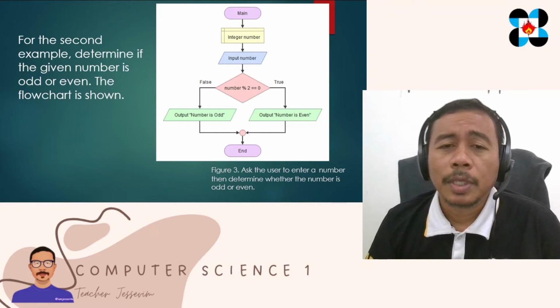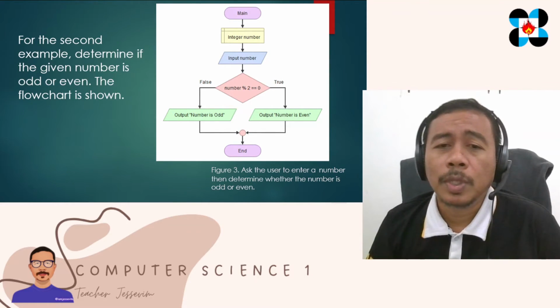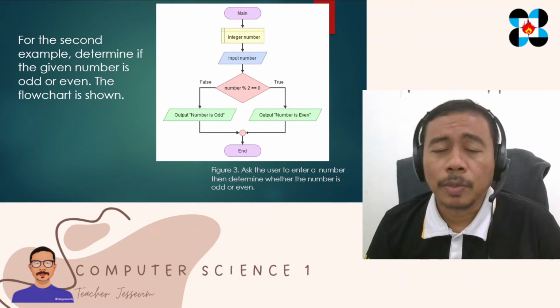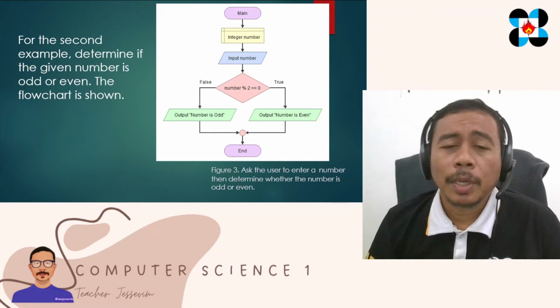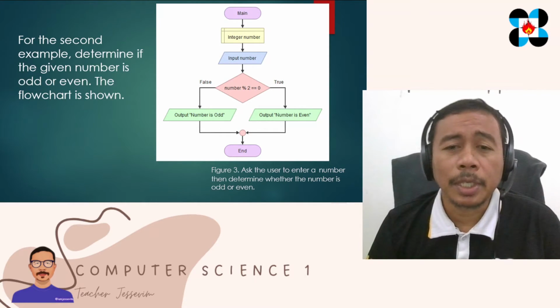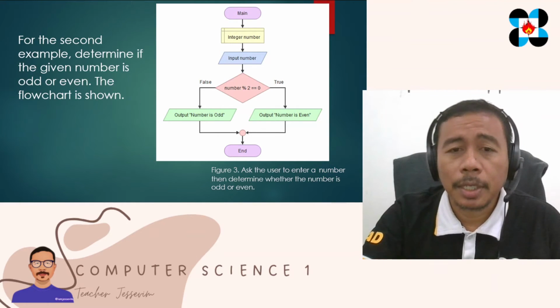Then we have the condition in which the number is divided by 2, and it should have a remainder which is equal to 0. So if the condition is true, meaning the remainder is 0, output the number is even, or if it is false, output the number is odd.